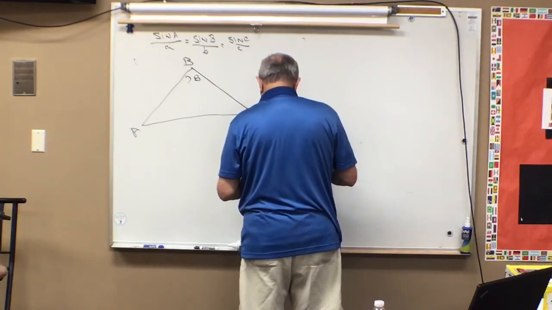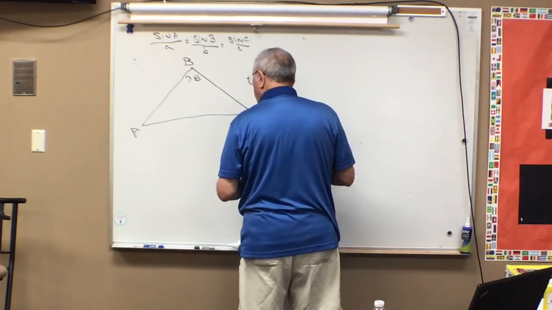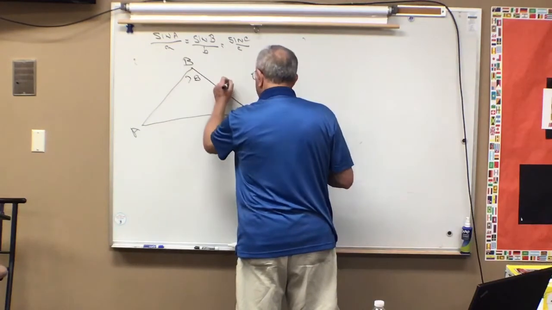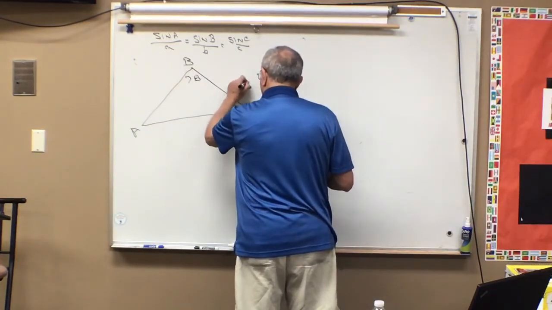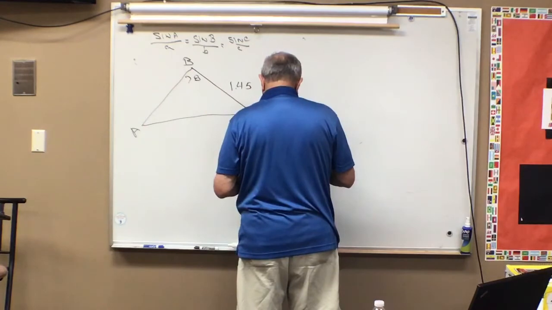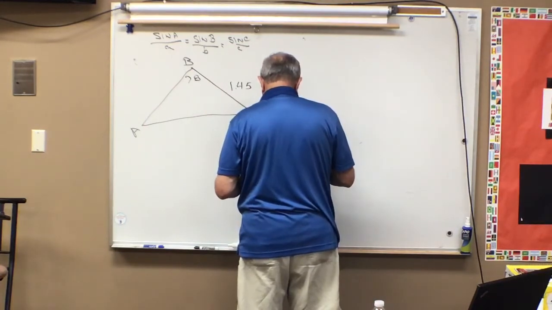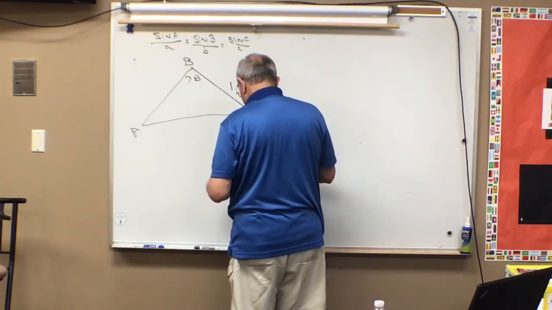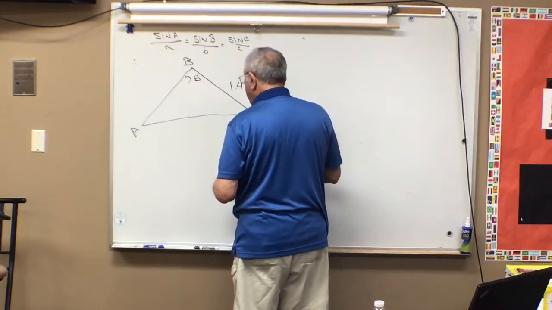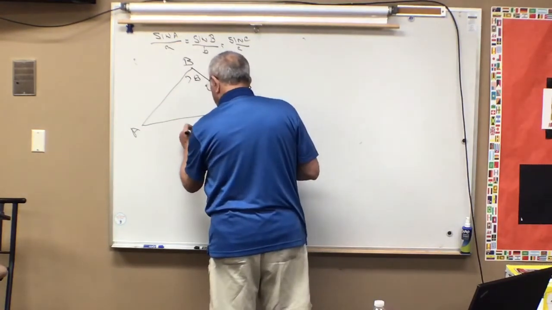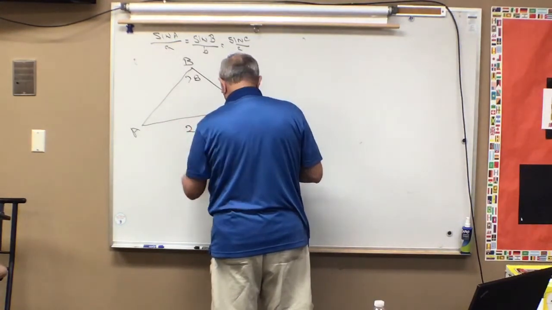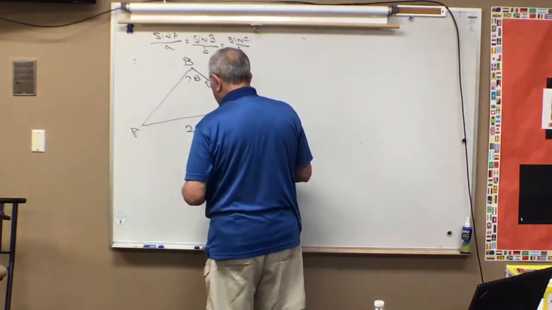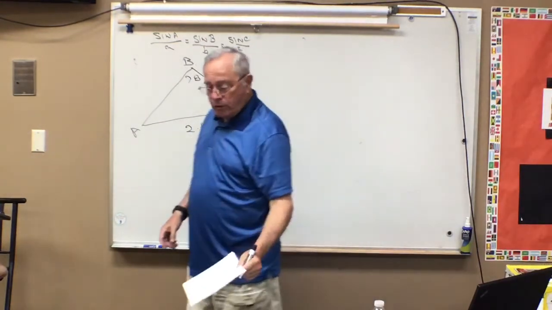They give you side a is 1.45, and side b is 2.63. And they want you to find angle A.